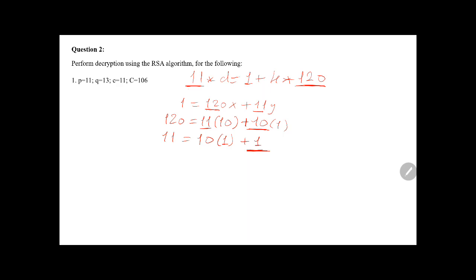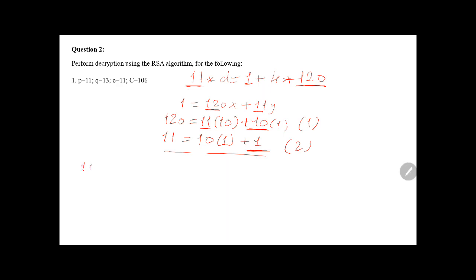The next step that we do, now as you can see, we have two equations. This is equation 1 and this is equation 2. The next step is that we rewrite the two equations in the form that the remainder is on the left side. Just like this. Let's start with the first equation.